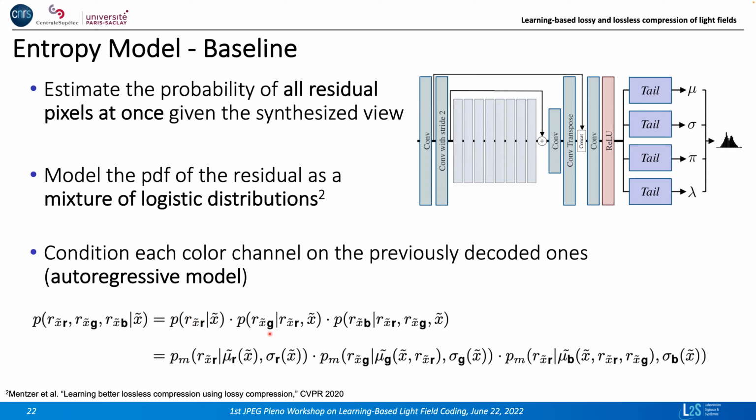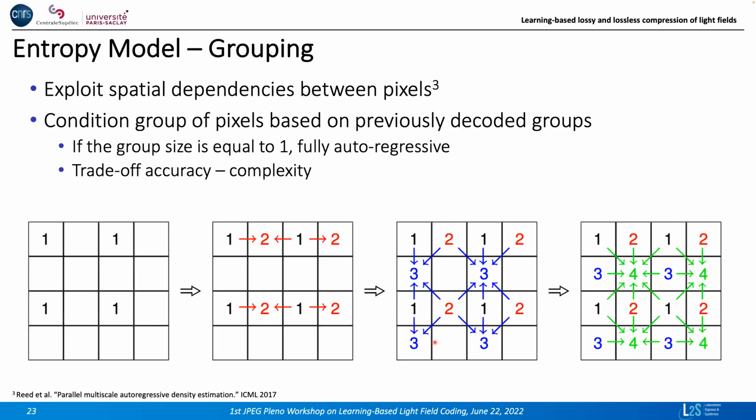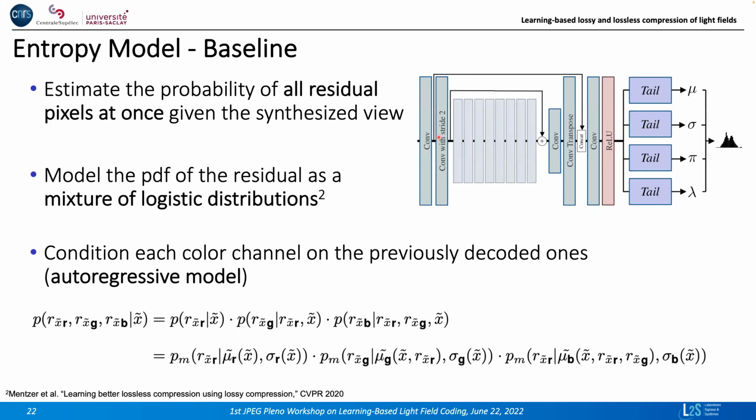For the green, you use the synthesized view but also the decoded red component of the residual. For the blue, you can use the red and the green, and of course the synthesized view. This is what is called an autoregressive model. So this is our baseline.